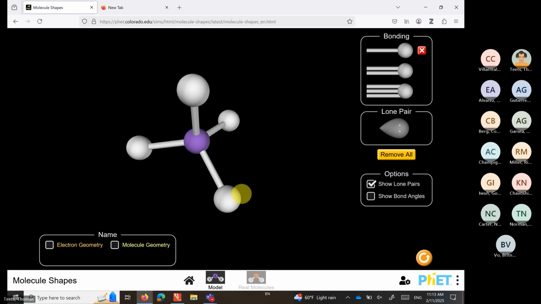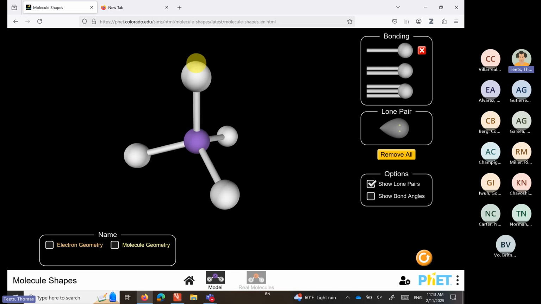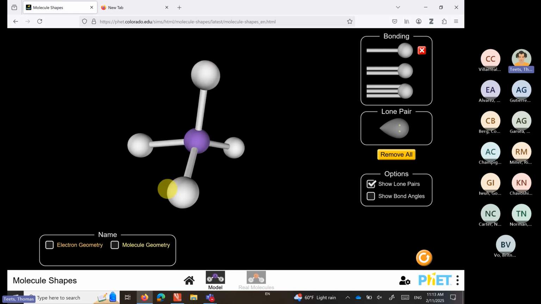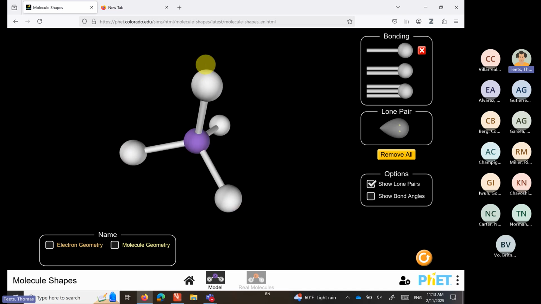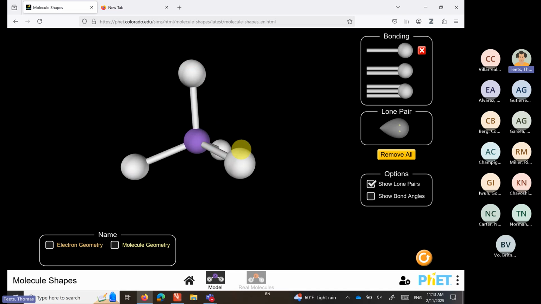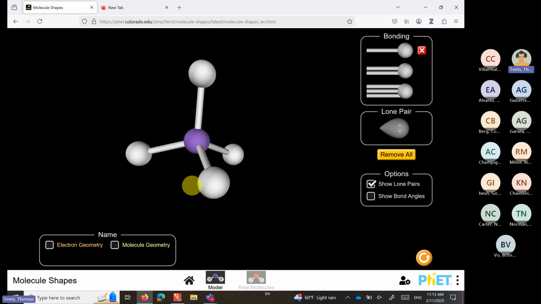So it's good to do this on your own a little bit to get used to what these shapes look like. They call it tetrahedron because if you were to use these atoms as the corners, there would be 4 sides in that shape. So that's why it's called tetrahedral, but it also means that there's 4 electron groups, which is helpful. So you have this shape here, like a 3-legged stool with one sticking up from it.